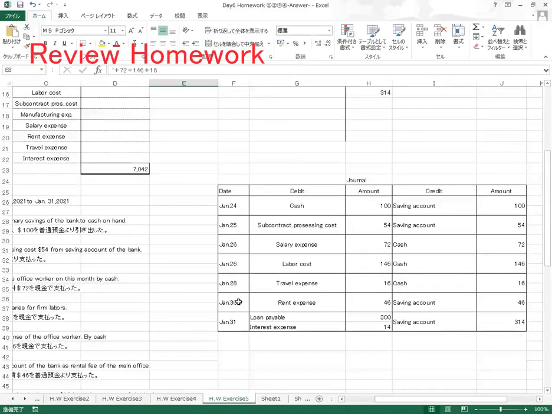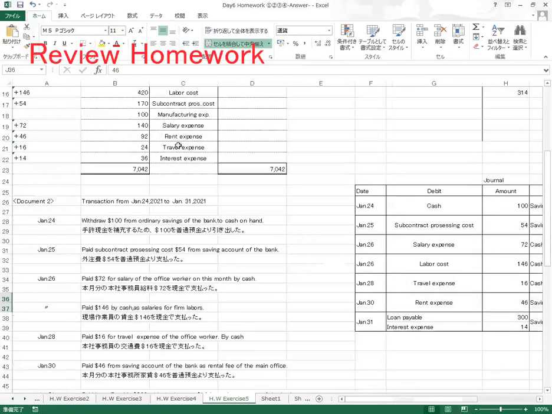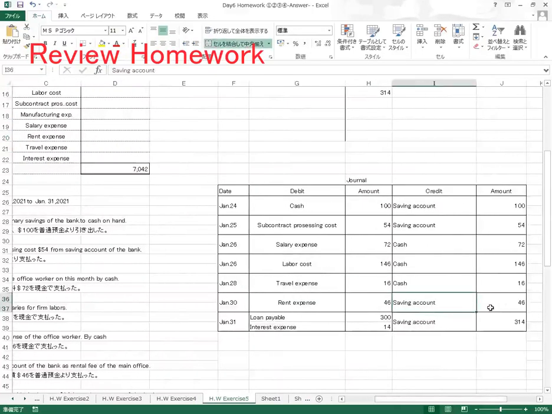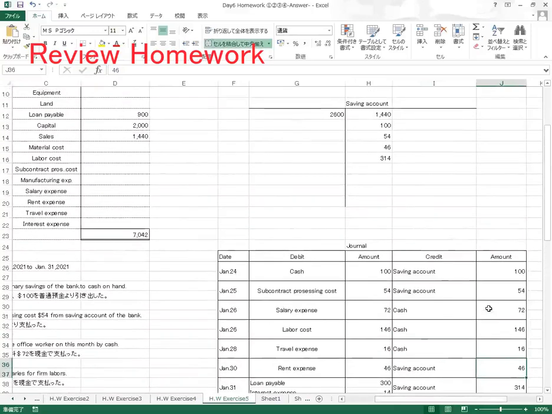On January 30, rent expense 46, saving account 46. Rent expense 46 goes to the debit side, and saving account 46 goes to the credit side.